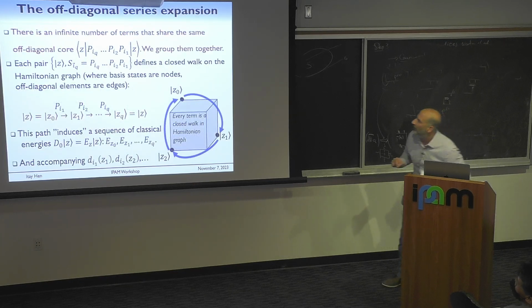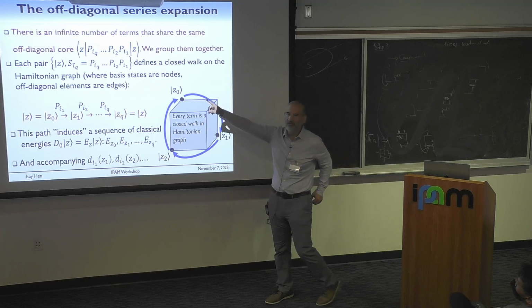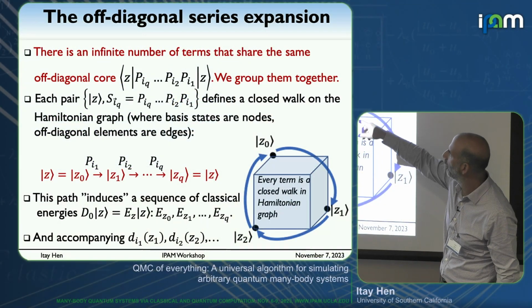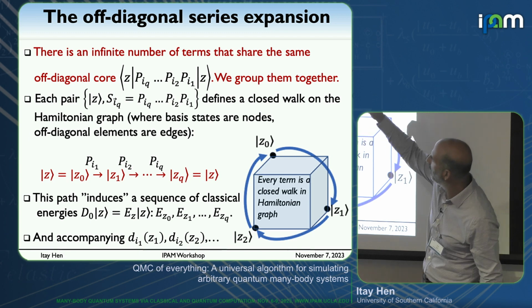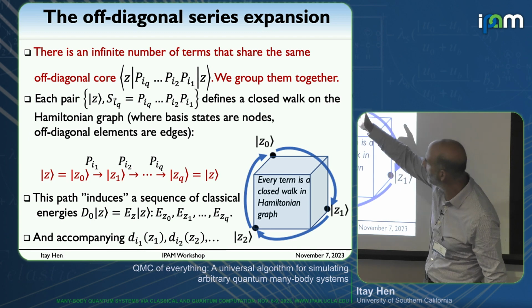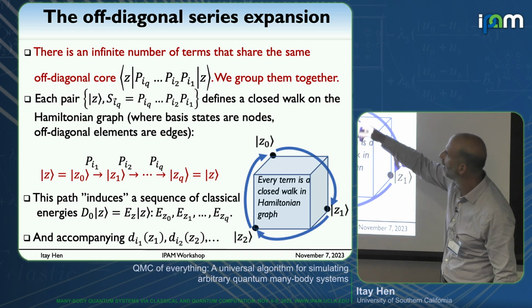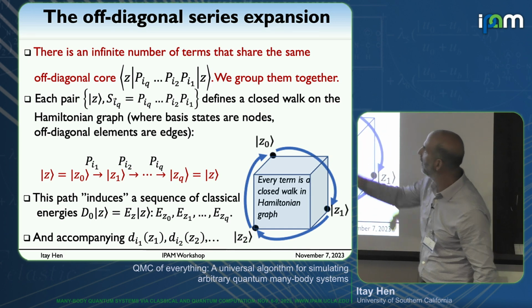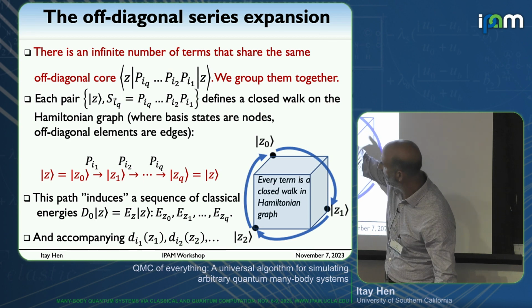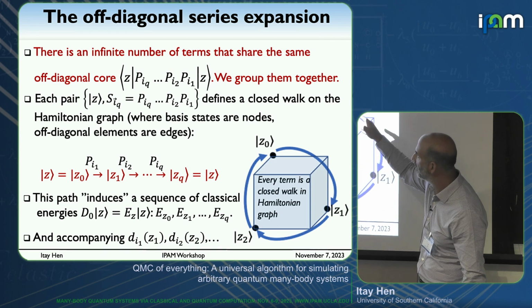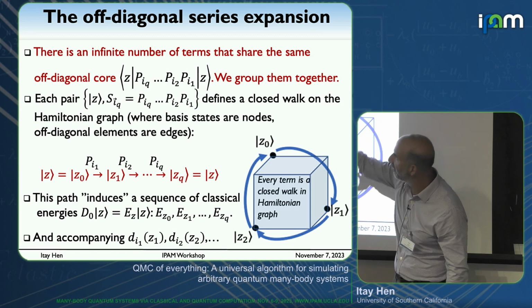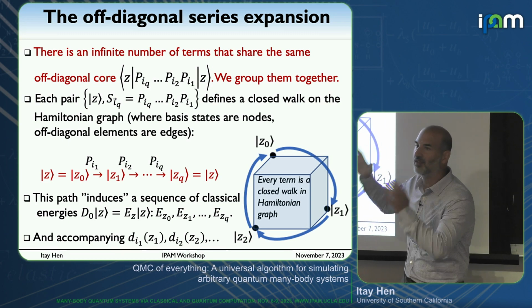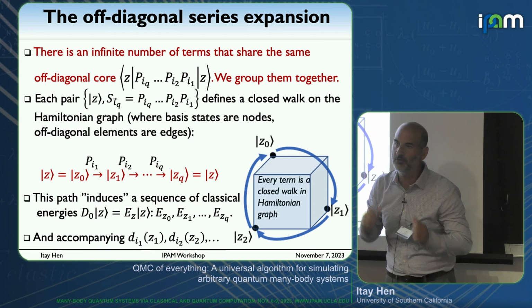Because the permutations have no fixed points, the Z's start roaming around. You act with a P on a Z, you get a Z prime, you act with a P and get another Z prime, and so on and so forth. And the only way that you can get a Z when you apply a product of P's on a Z, because there are no fixed points, is if this product of P's is the identity.